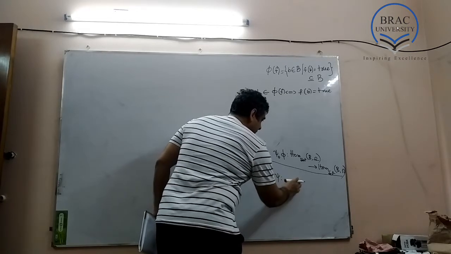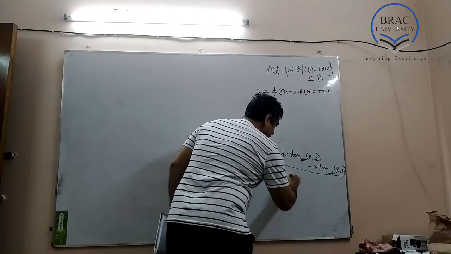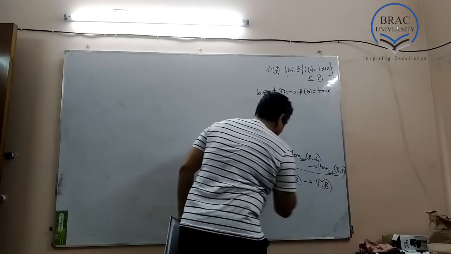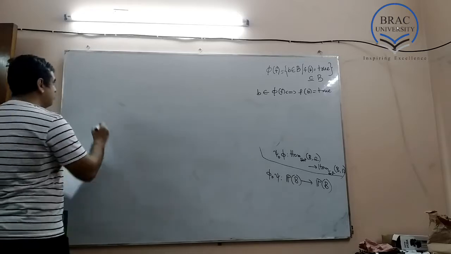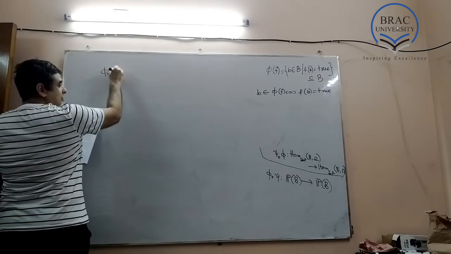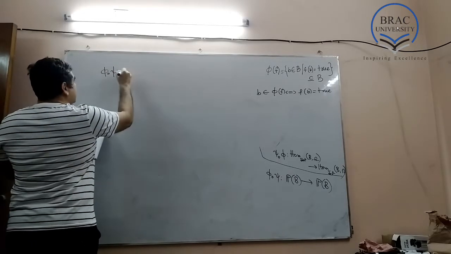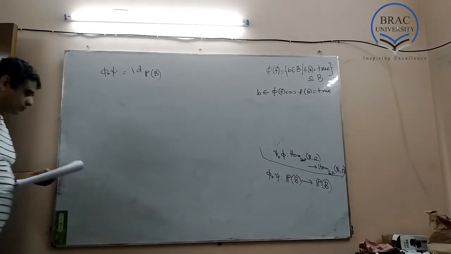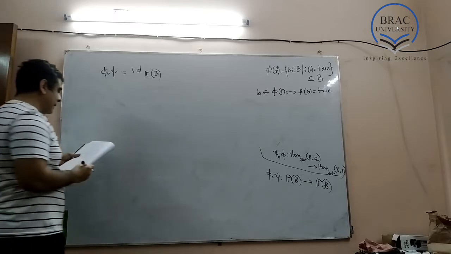This is going to be a map from the power set of B to itself. Check it. It's obvious from the definition of phi and psi. Now we want to prove that phi composed with psi is the identity map on the power set of B.